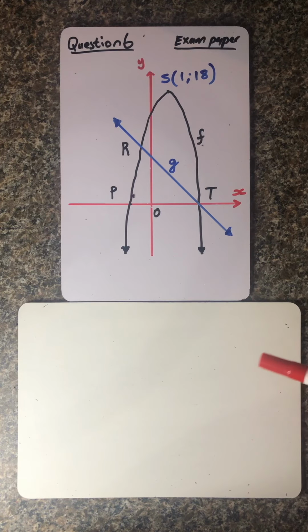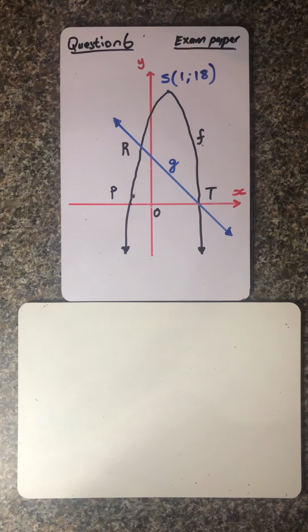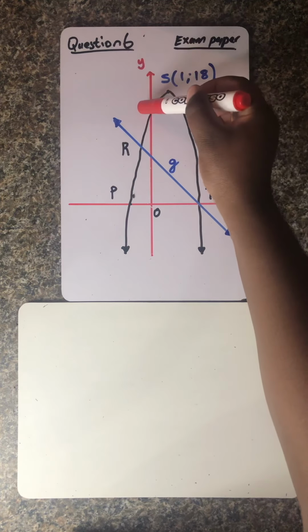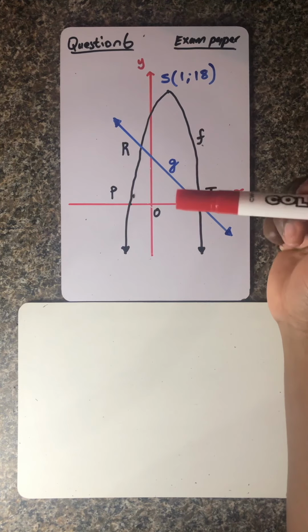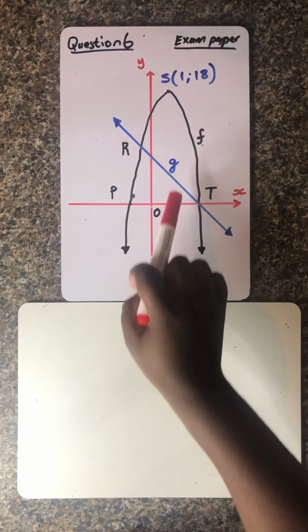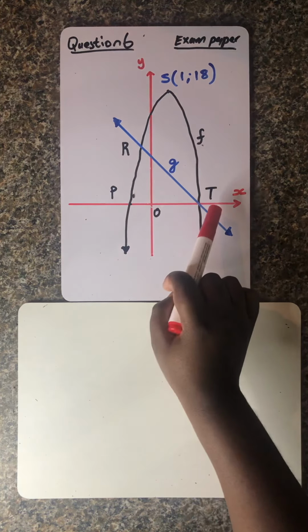That means there are high chances that you won't be asked questions related to that point. Most of the questions will be based on point R, which is the point of intersection, and points P and T.